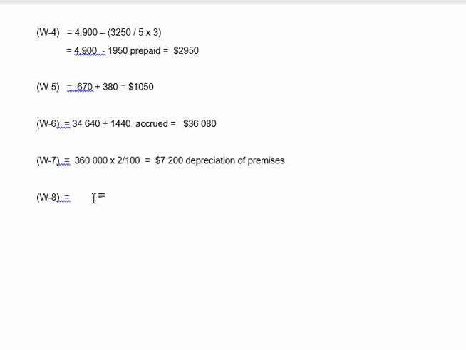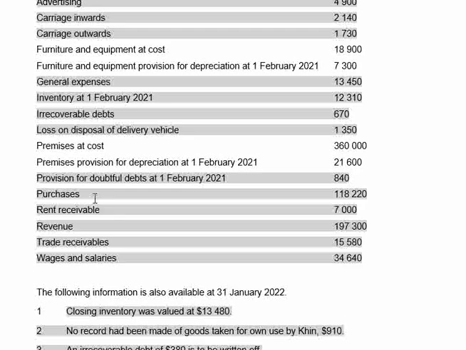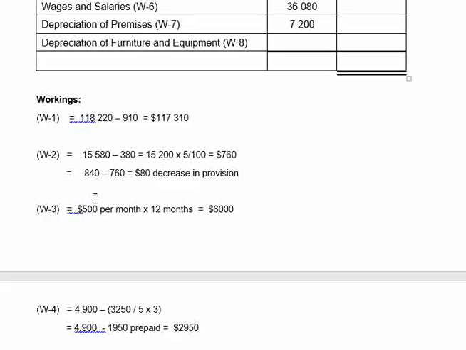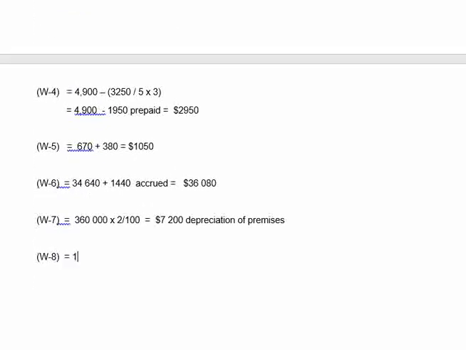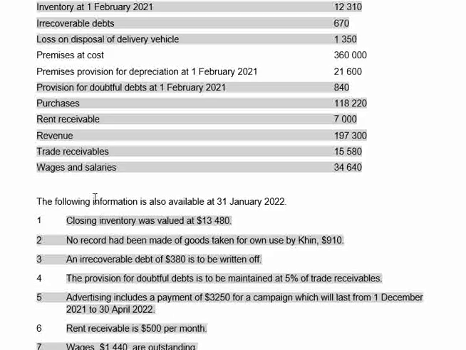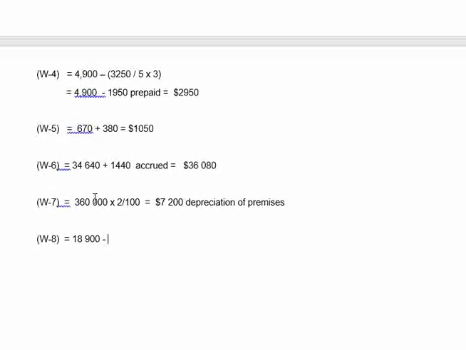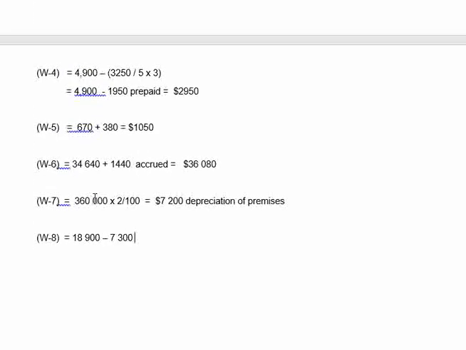So whenever you record a depreciation using reducing balance method, you will write the cost of that asset first, and cost of that asset is 18,900, and you will subtract the provision for depreciation that has been given in the question. So this is 7,300. This will give you 11,600 net book value. So this is net book value of furniture and equipment. And what is the percentage of depreciation? This is 15%.